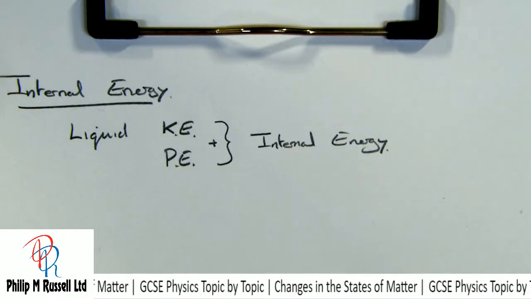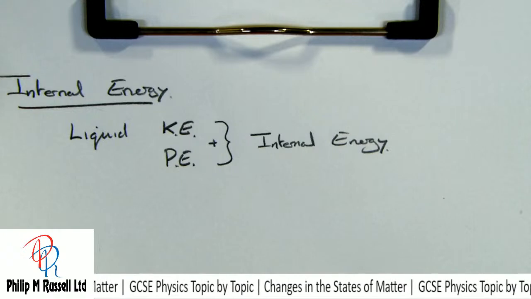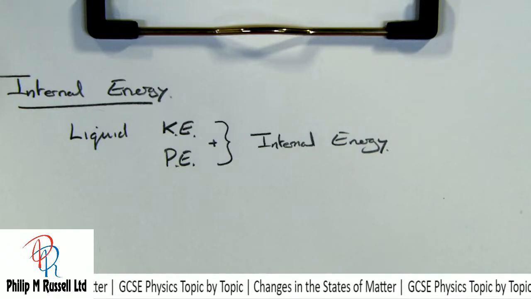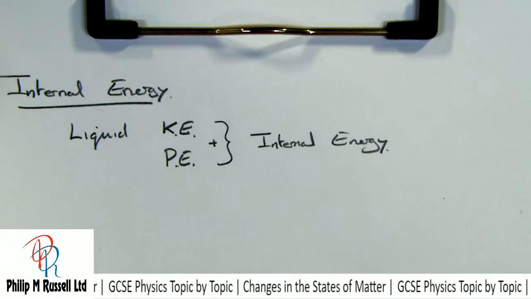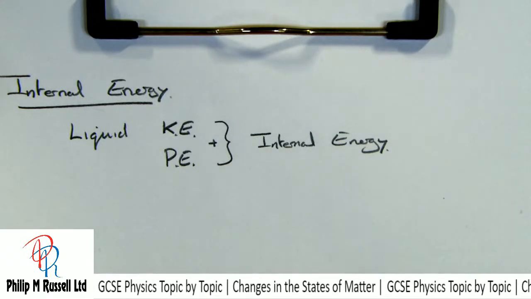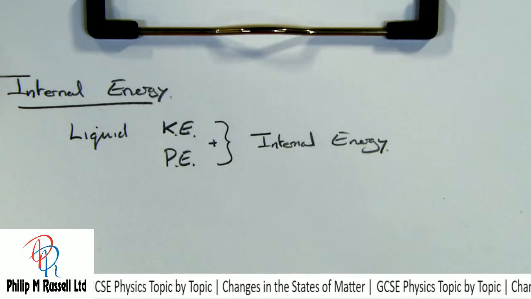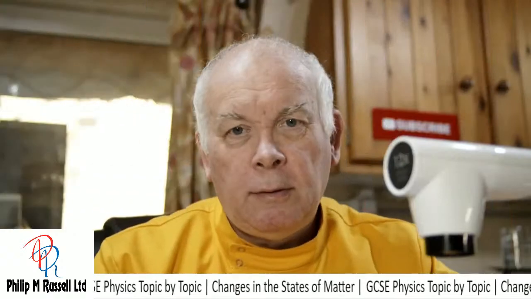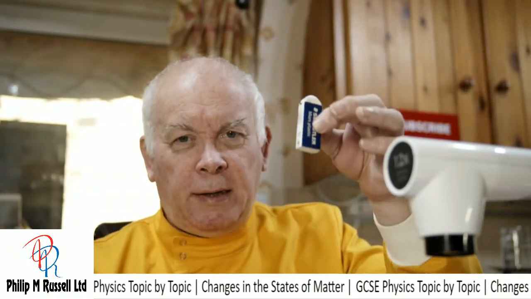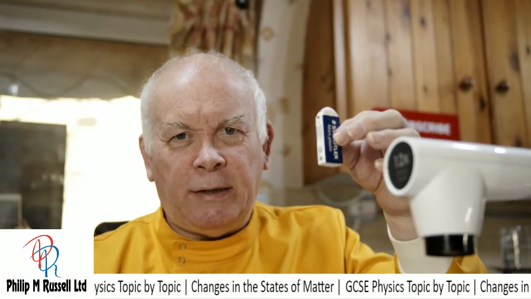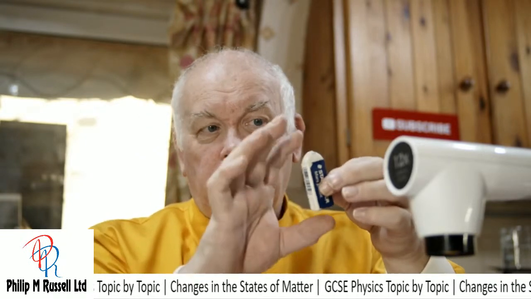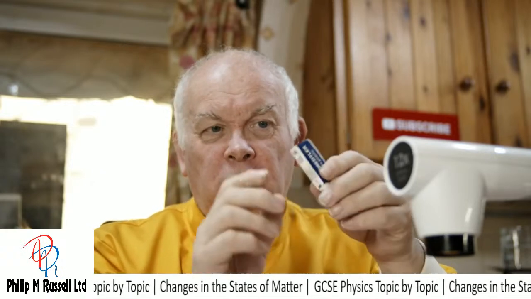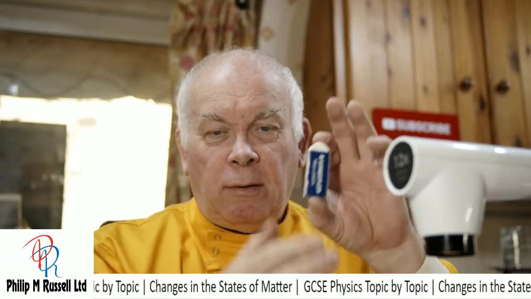Internal energy does not, however, include gravitational potential energy or the kinetic energy of me moving something around. So my rubber here has got internal energy. It's got energy of its molecules relative to one another.